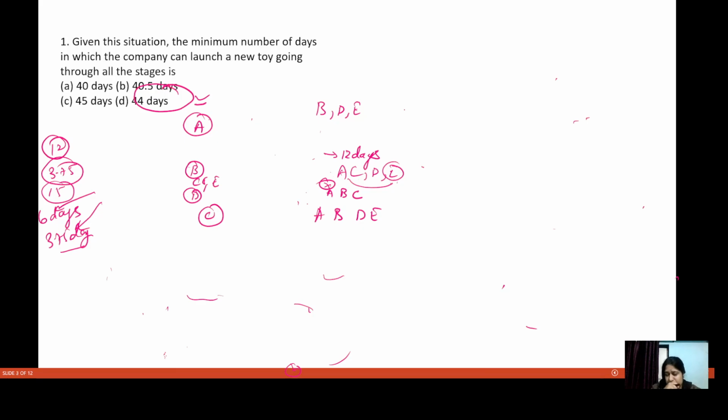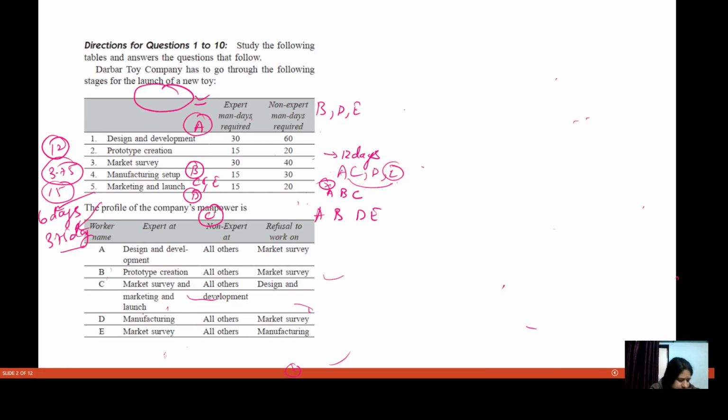So let us look at the manufacturing setup. So in manufacturing setup, if A and C are removed, then we have only B working in manufacturing setup.